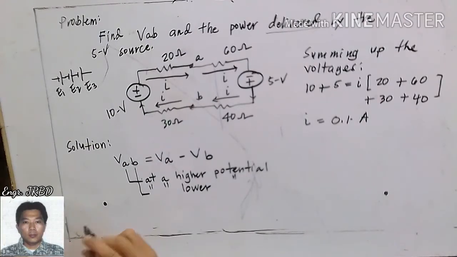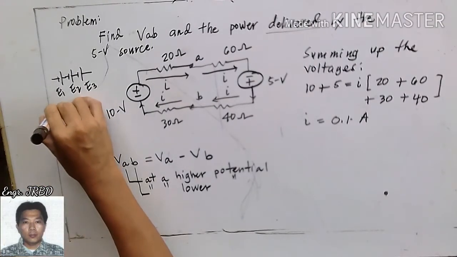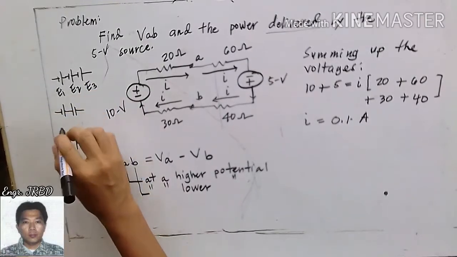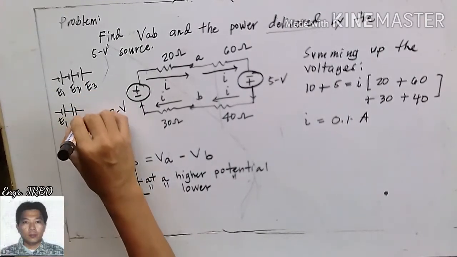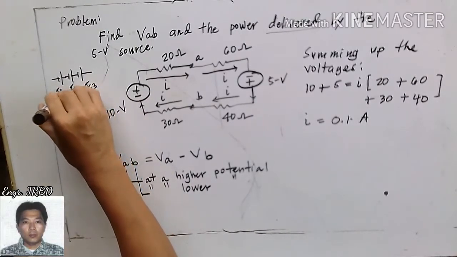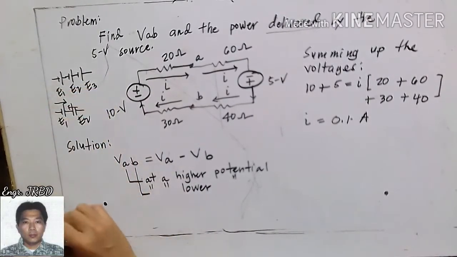But if your polarities are minus plus, plus minus, this is the time that you will subtract, because the current that is delivered by E2 is against the current that is being delivered by E1.